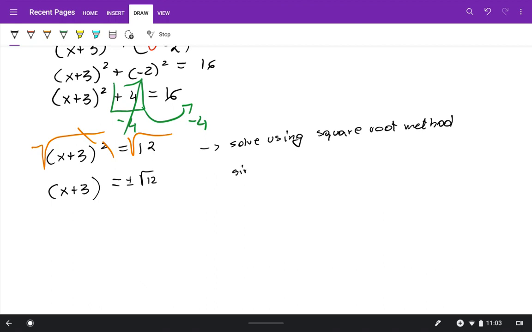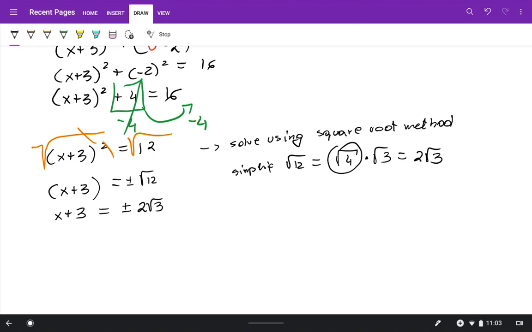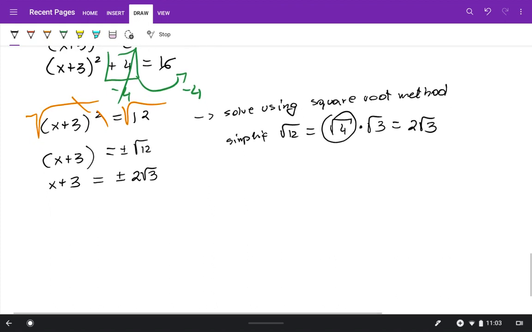Let's just simplify. The square root of 12, you can break it down as the square root of 4 times the square root of 3. The square root of 4 is 2, so this is 2 radical 3. So we have x plus 3, you can remove those parentheses, equals plus or minus 2 radical 3. Again, let's just get used to that not all the time our solutions are beautiful.